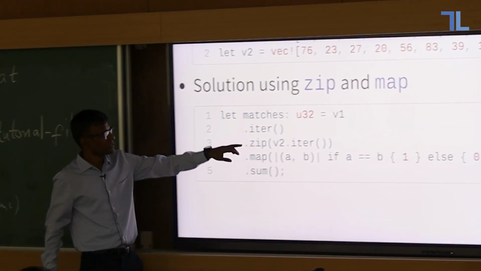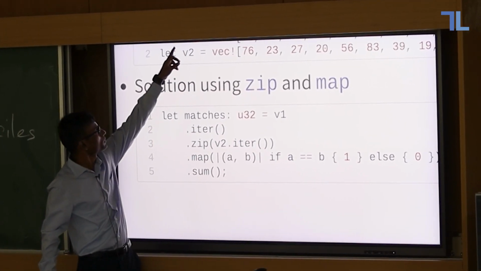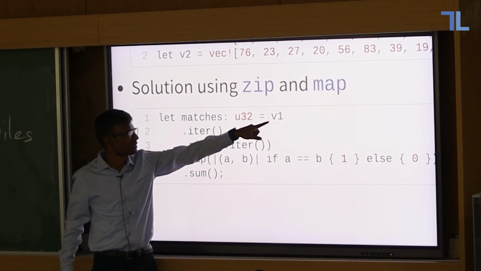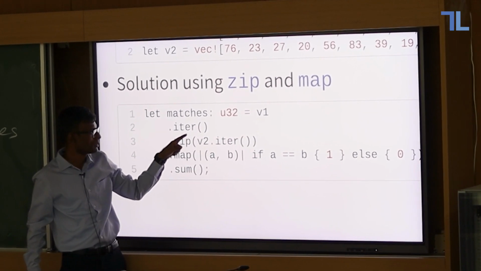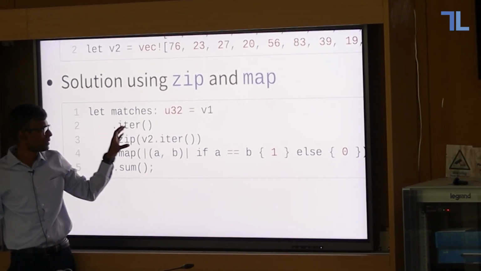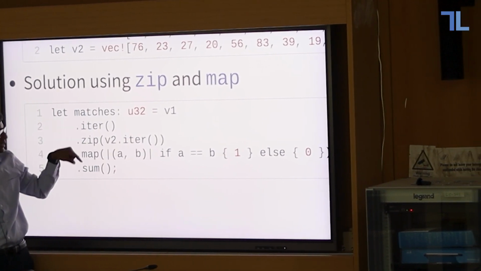So what's happening here is v1 is a vector, one of the vectors that you got, and I'm converting it into an iterator. v2 I also convert into an iterator, and I'm running zip on both of these iterators.